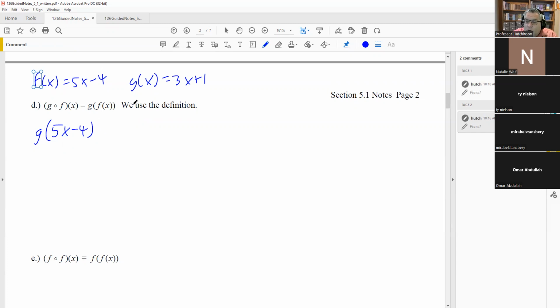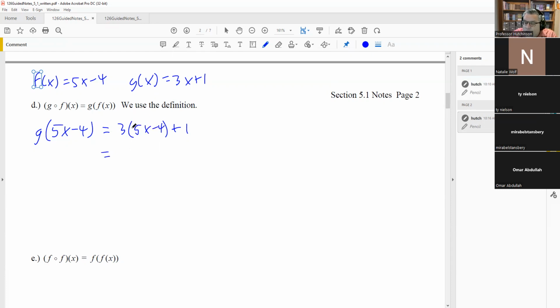Okay, so what that means is I'm going to go with the g function, remove the x from there, replace it with 5x minus 4. Okay, that's going to be it. So here is the g of x function. I took out the x. So it's 3 times a blank and then plus 1. The blank gets filled in with 5x minus 4.